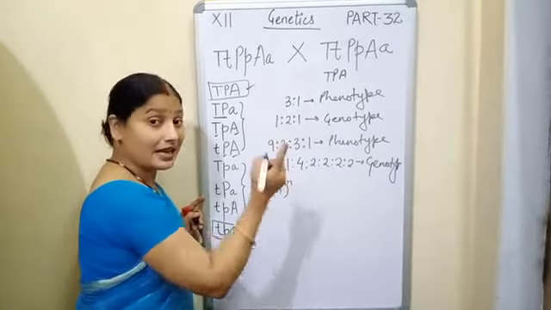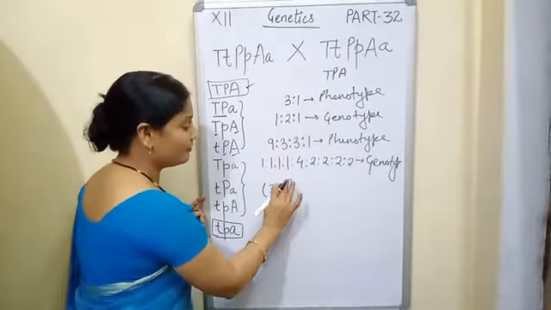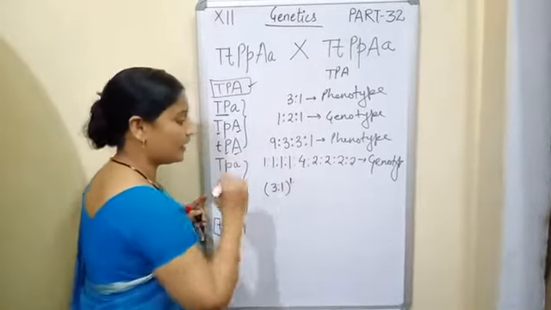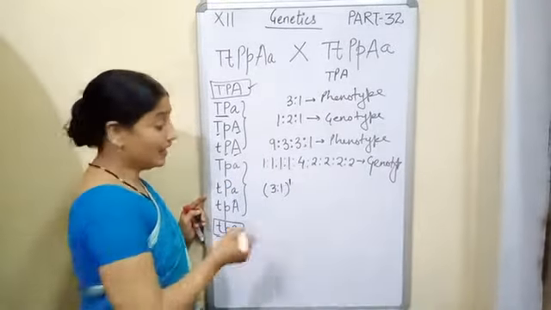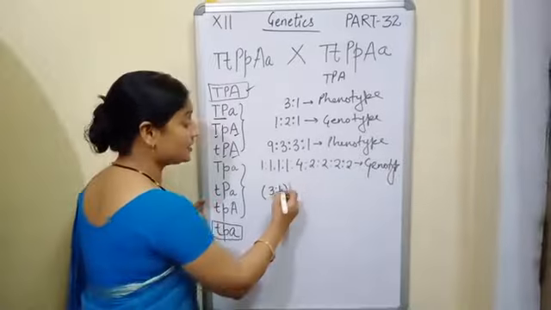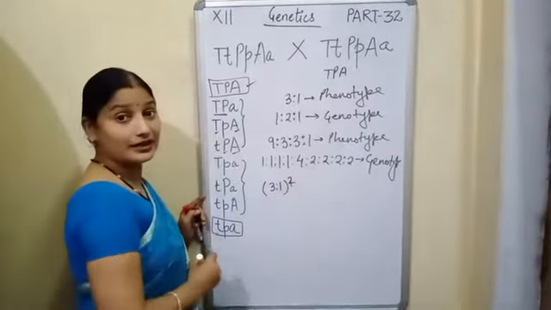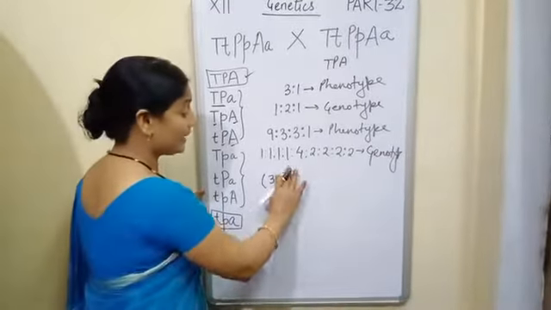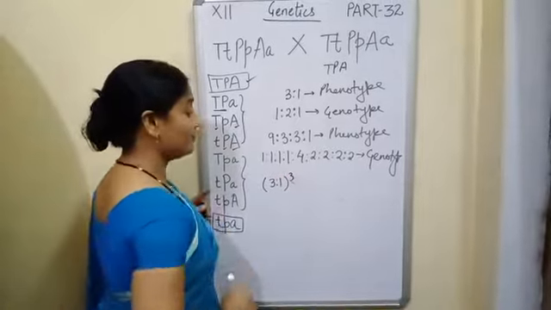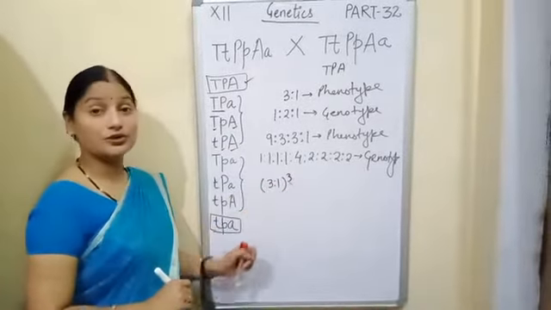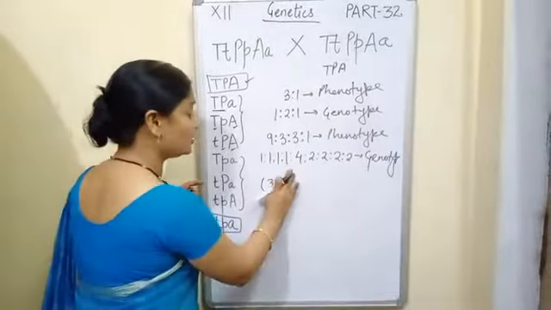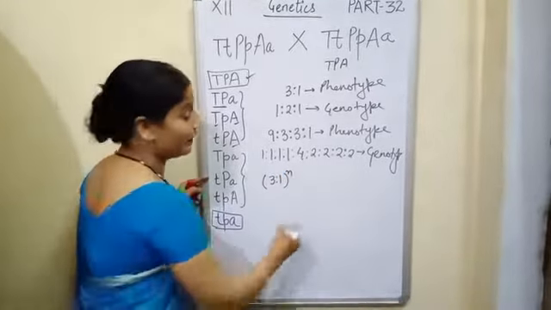Okay, that is, if it is monohybrid, we can write down N is equal to 1. If it is dihybrid, we can write down N is equal to 2. And if it is trihybrid, we can write N is equal to 3. So here the formula is this one.